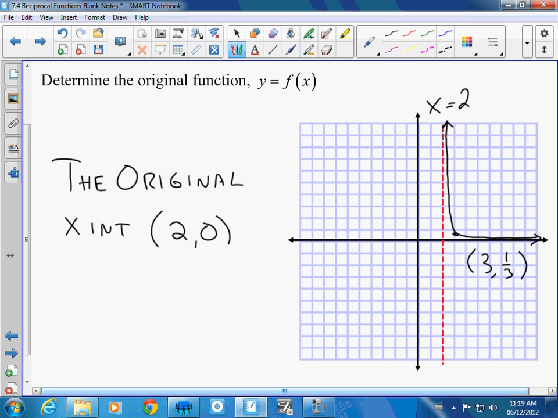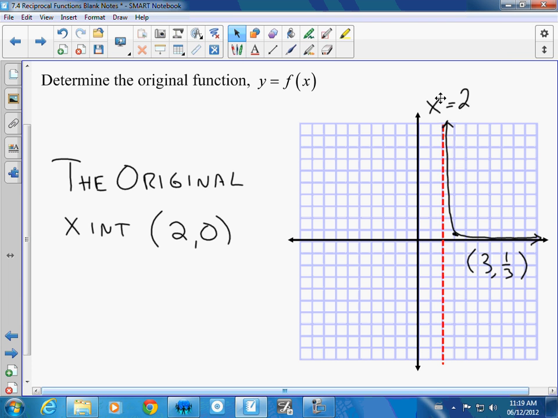Okay. Now, here's the thing. I don't know if you've noticed this before. Remember yesterday when we did the y-intercepts, right? So for instance, if the y-intercept was 0, -2, which part flipped when you did the reciprocal? Do you remember yesterday?